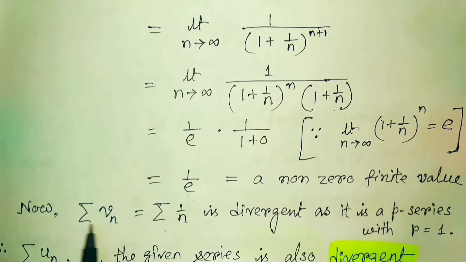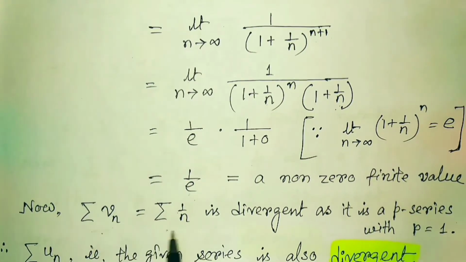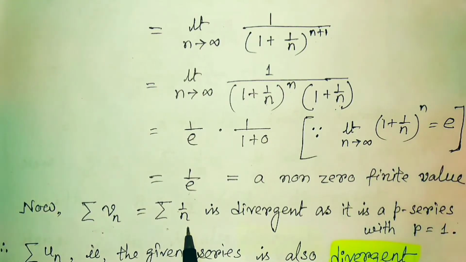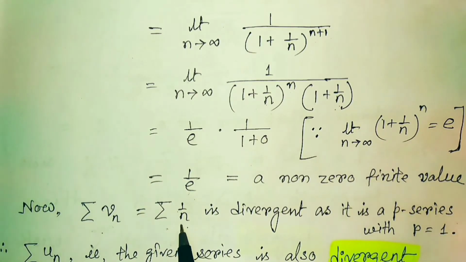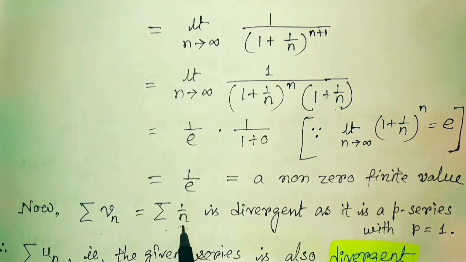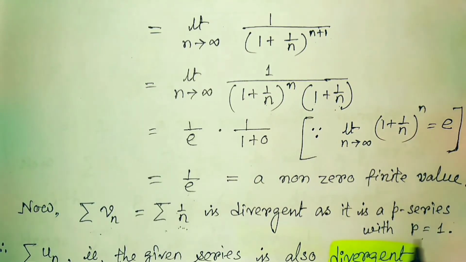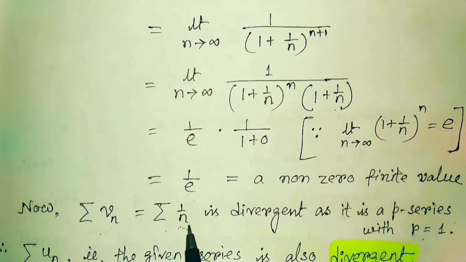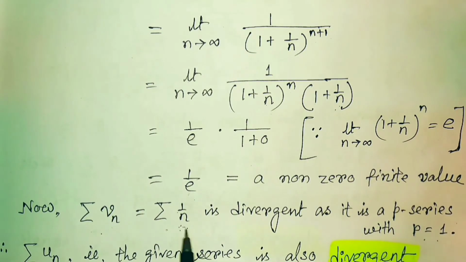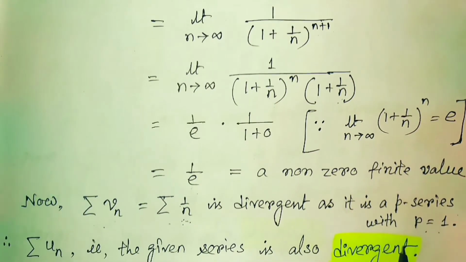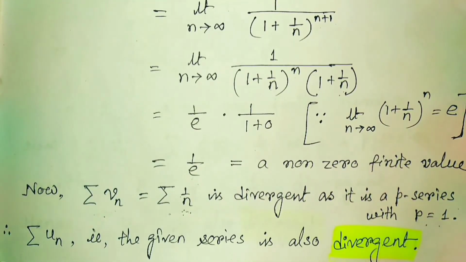So what we find from here is that this limiting value is a non-zero finite one. And summation Vn is the series which is this one as per our consideration, and this one is nothing but an infinite P series. Here 1 by n is a P series where the P value is 1, because our P series is 1 by n to the power of P. So for P equal to 1, we know the P series is divergent.